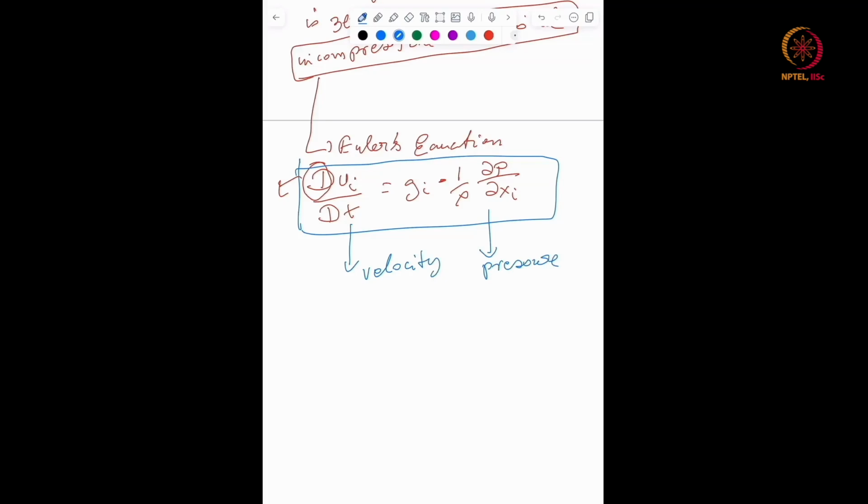Okay. If you integrate Euler's equation along a streamline, as you know, the fluid velocity is tangential to the streamline. So at any point in the streamline, the fluid velocity is tangential at that particular point. When you integrate it along a streamline, you get what we call the steady state Bernoulli's equation.